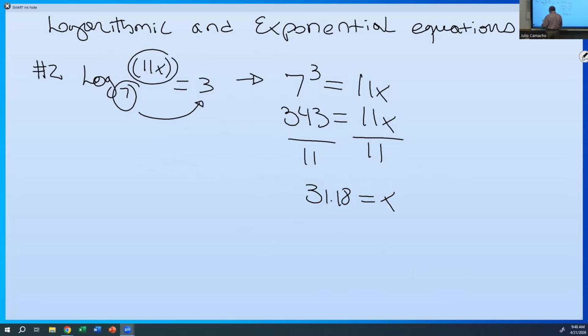They don't tell you anything about rounding. Because they don't ask for rounding, that is simply the answer, 31.18. Or if you want to round it, what will be the rounding? If you go to 31, what is next to the right?